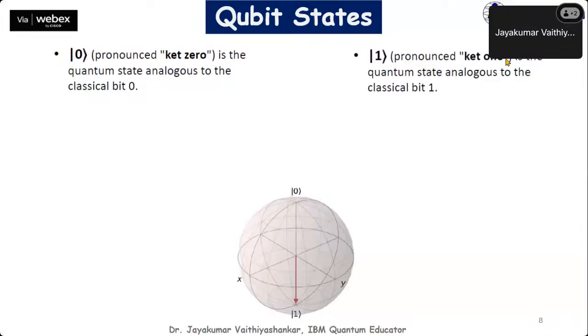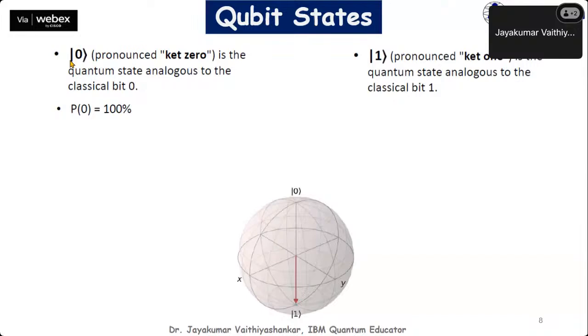Okay, so |1> is the quantum state analogous to the classical bit 1. If you want to represent it in terms of probability, the probability of 0 equals 100% whenever you are in state 0.